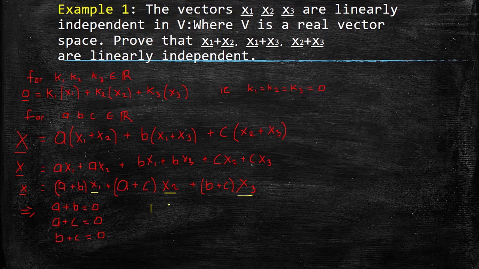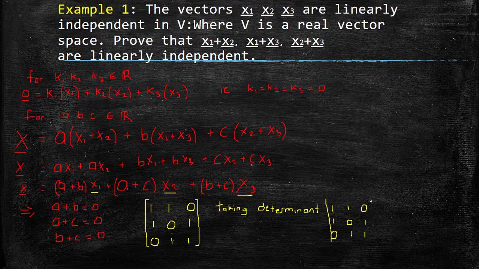So if we write this out in matrix form, we have 1 1 0, 1 0 1, 0 1 1. And if we take the determinant of this matrix, we see that the determinant is equal to -2 and not 0.